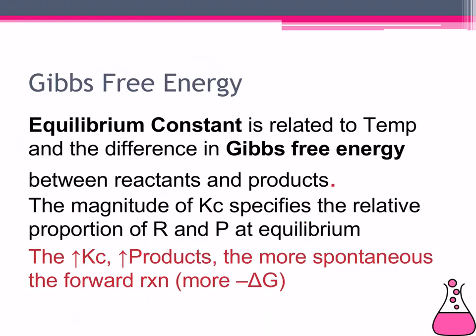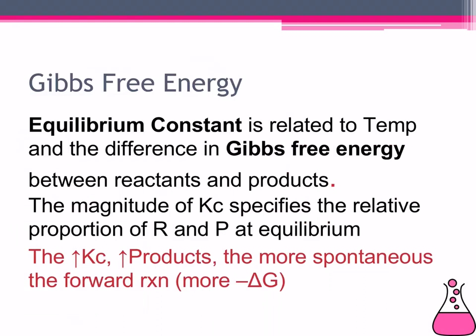So remember, Gibbs free energy is the amount of free energy available for a reaction to occur. So my equilibrium constant is related to temperature and the difference in Gibbs free energy between reactants and products. That will tell me what this equilibrium constant is. The magnitude of that equilibrium constant specifies the relative proportion of my reactants and products at equilibrium.